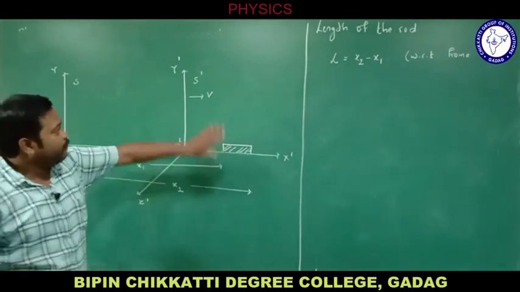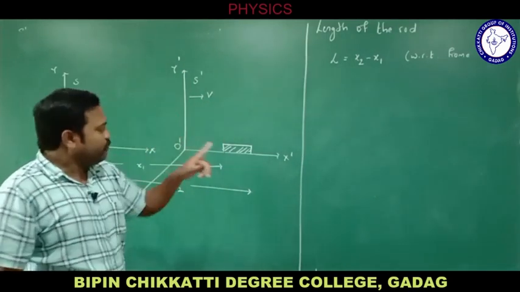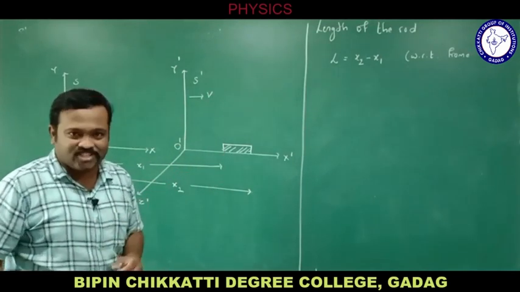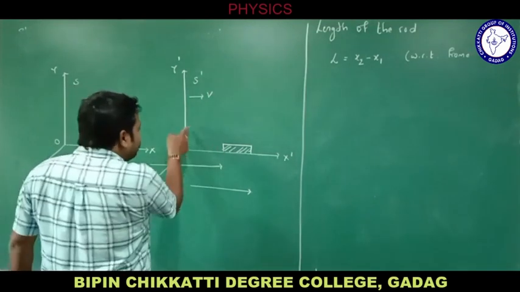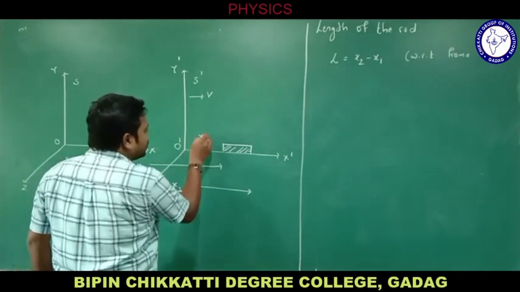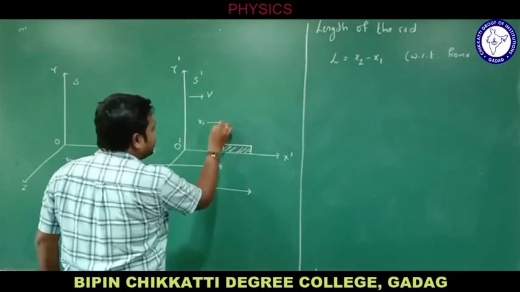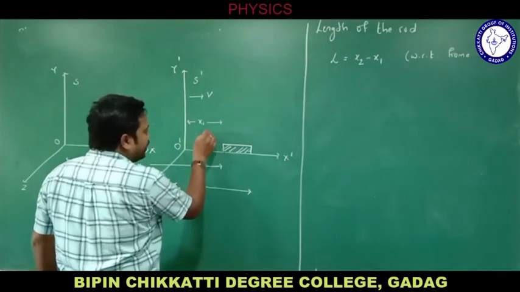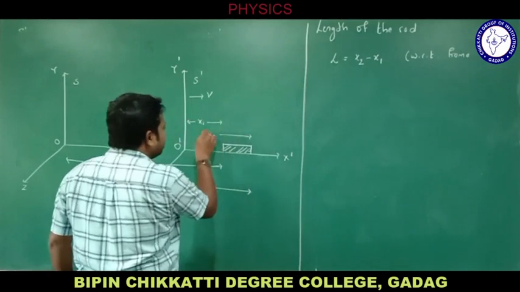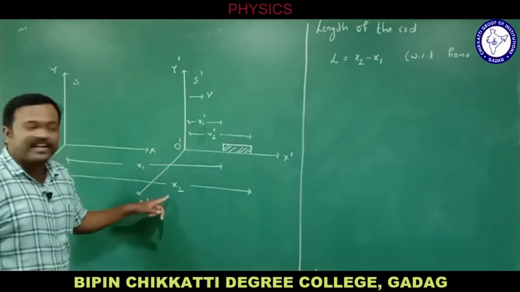If I am in this frame, which is a moving frame, and I observe the rod from it, what do I get? For example, let me call this distance x1 dash, this end, and let me take x2 as this distance, x2 dash, because I already used x1 and x2.